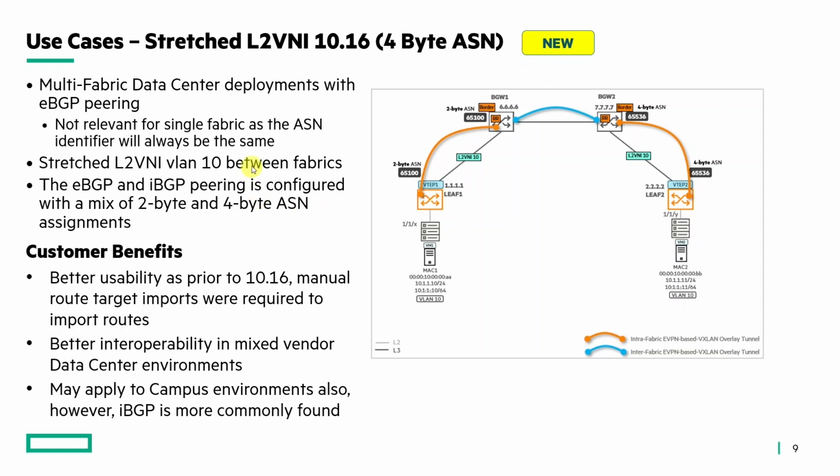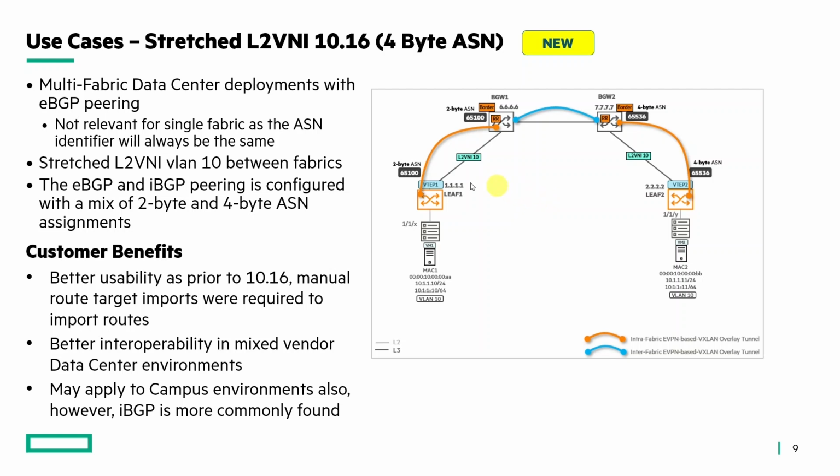Okay, and extending the prior example, you can see what we're doing now with 10.16. It may not be so noticeable, but we're taking the 2-byte ASN, so we've maintained that on the left-hand side for this environment. And then in the other fabric, we've got 65536. So this again represents the 4-byte ASN format. To be able to do route target imports automatically, we needed to introduce some new features for this.